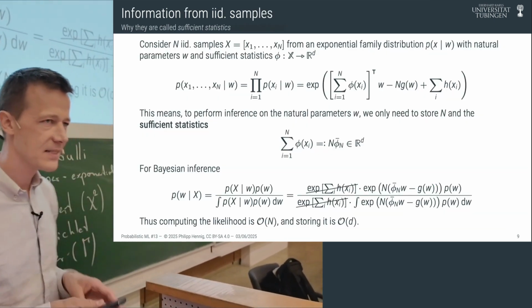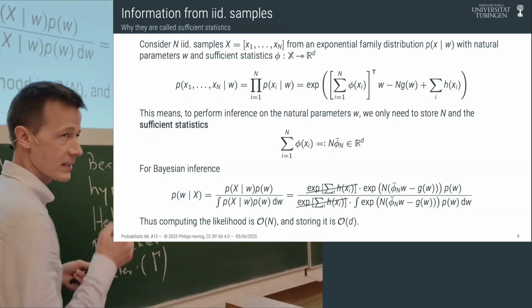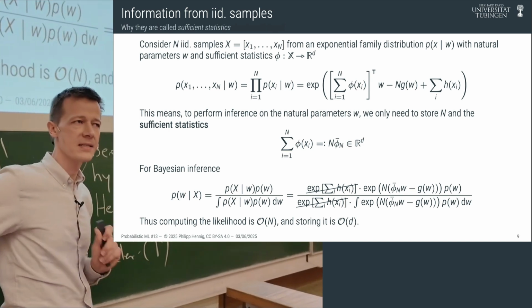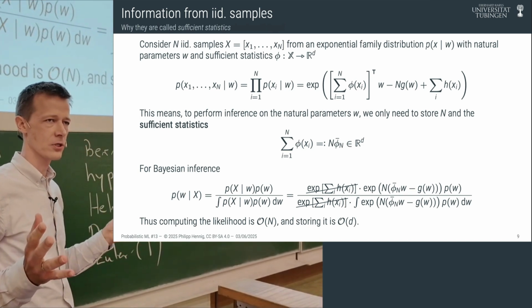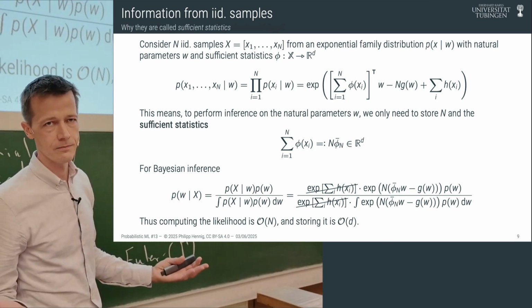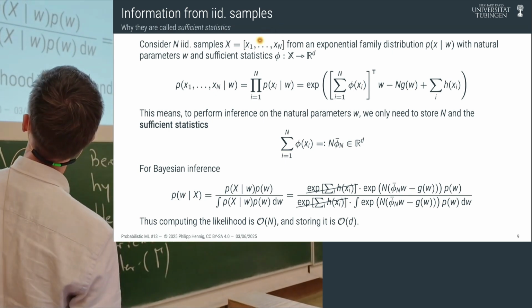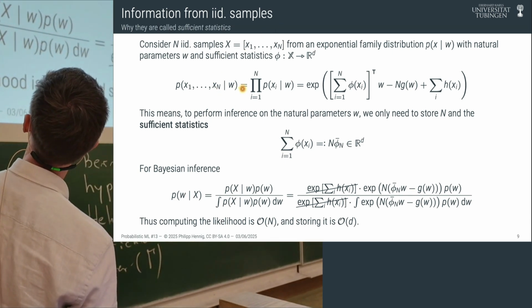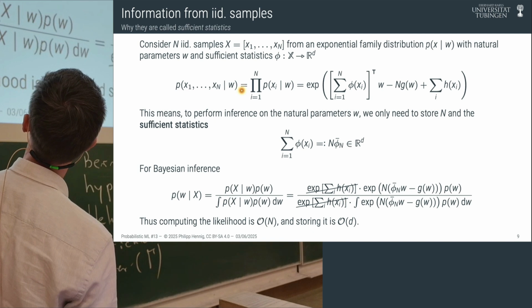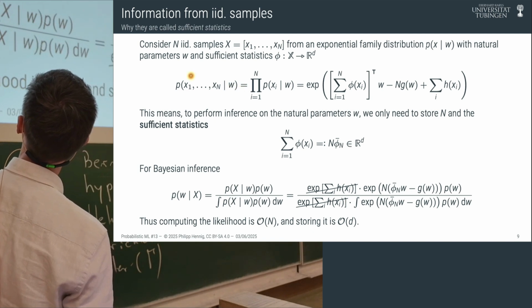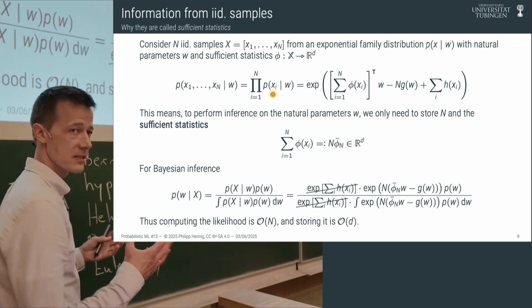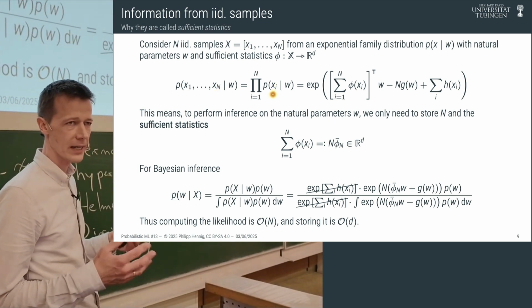Well, let's say I collect not just one sample x, but many samples x from this distribution. I care about W. So I'm going to do some kind of inference that involves some prior on W, whatever it is. We'll talk about it in a moment. And then this is a likelihood term, where we have some data points x that are drawn IID from this distribution. So IID means there's a product.